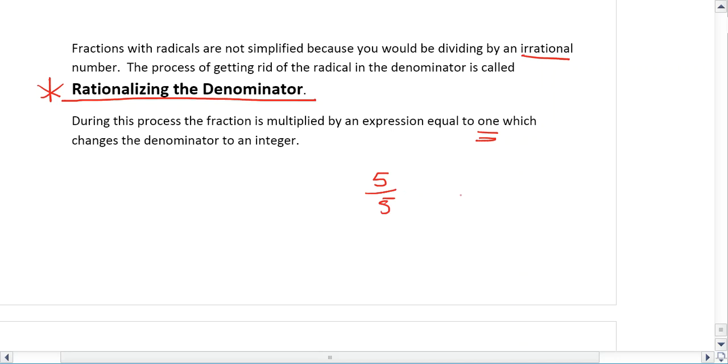Okay, so you could multiply something by 5/5 and you haven't changed it. Or would you say the square root of 3 over the square root of 3? That's also equal to 1. So there's many different ways to write 1, and we're going to choose the one that's helpful to us to accomplish the goal of rationalizing the denominator. So let's take a look at this process.